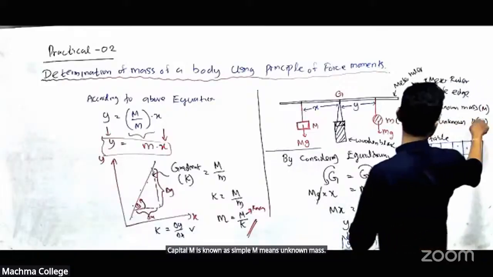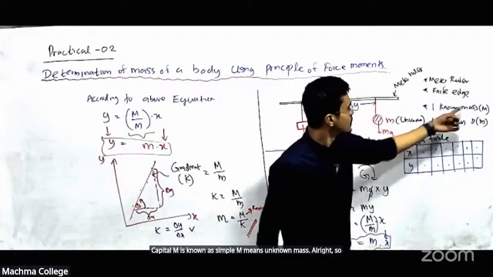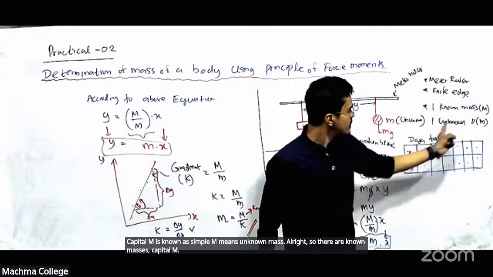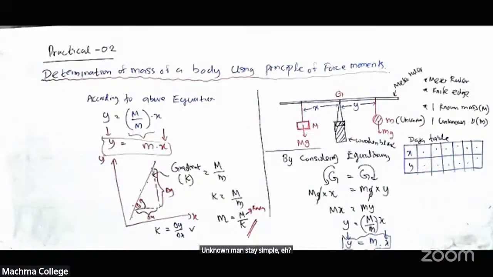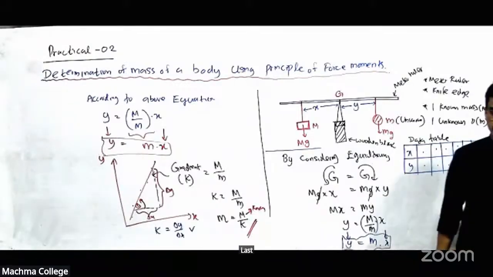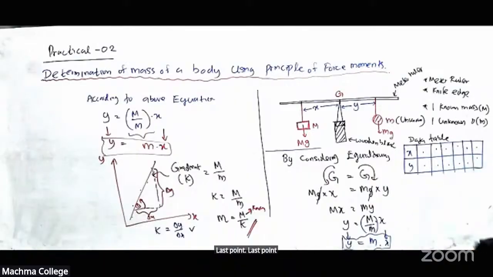Known mass is capital M. Unknown mass is simple m. Last point: accuracy of this method is higher since it's a graphing method.